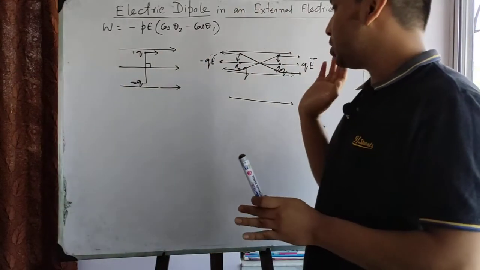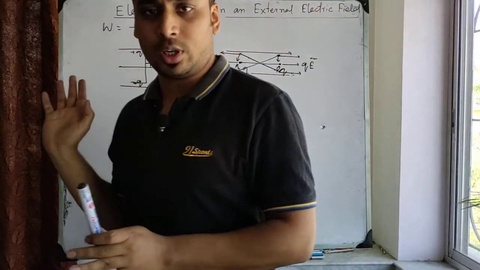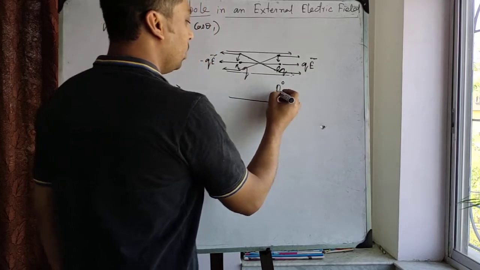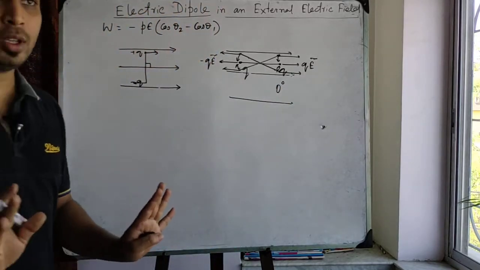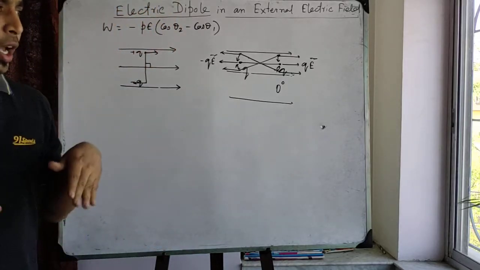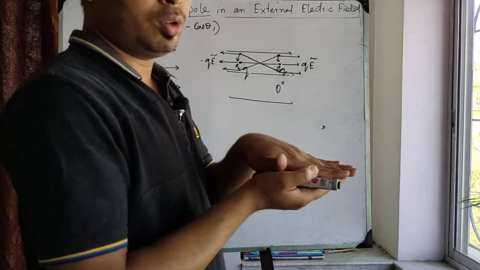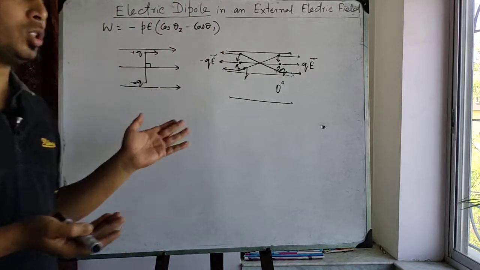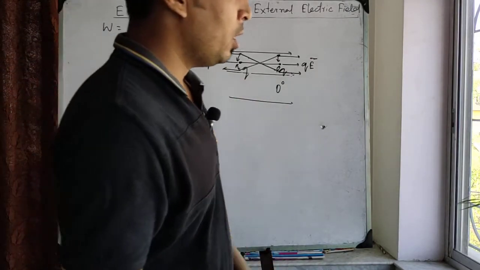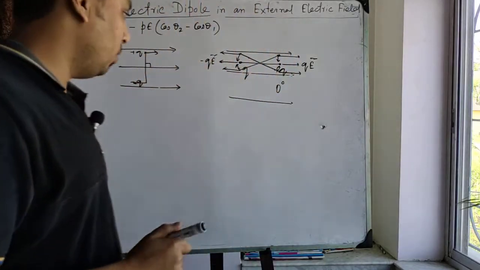So this is the stable equilibrium orientation for the dipole, that is, when the dipole makes an angle of 0 degree with the field direction. When the dipole moment and the electric field vectors are parallel to each other, it is at the stable equilibrium position. The torque is 0, the force is 0.